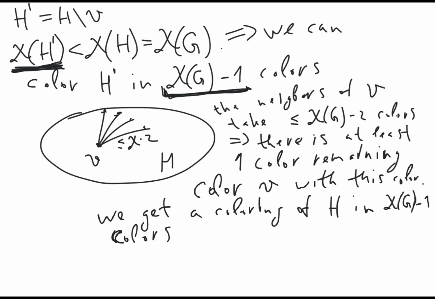So we effectively extended the coloring. We take the coloring of H prime in this number of colors, and we extend it to H. Because v has the degree less than he minus 2, we can always extend.